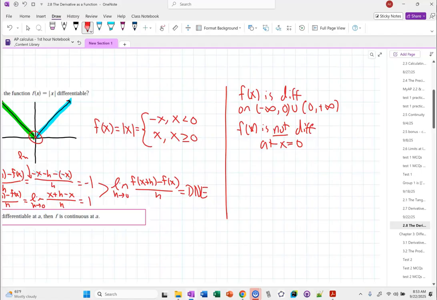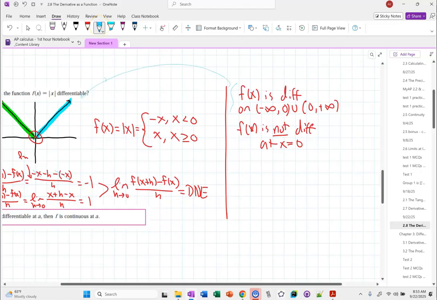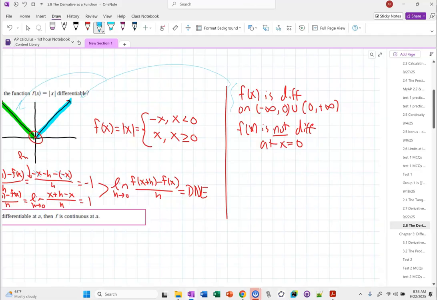And again, this part we did rather informally, right? We looked at the graph and went, well, the slope there is always this, and the slope there is always that.